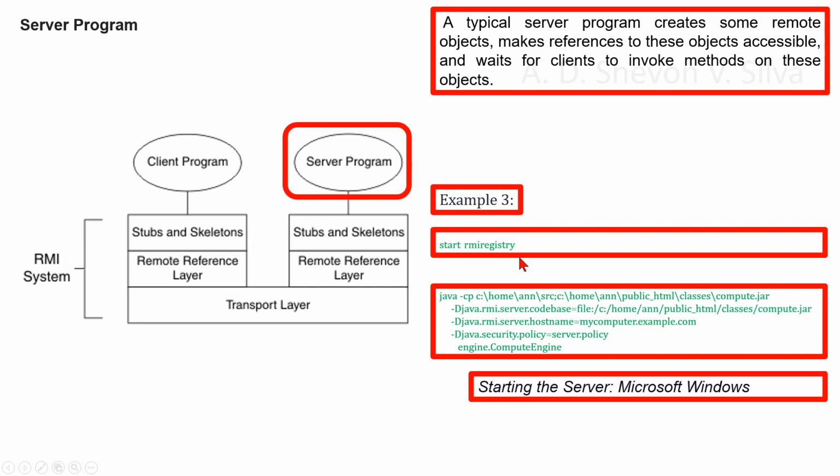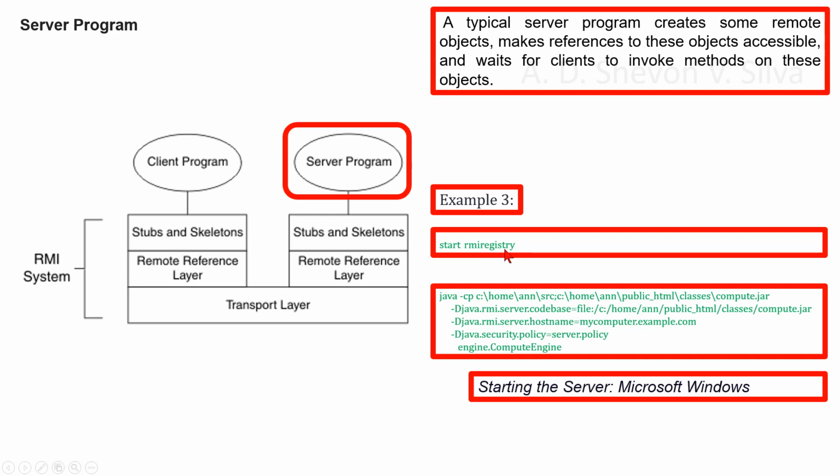The RMI registry is a simple server-side bootstrap naming facility that enables remote clients to obtain a reference to an initial remote object. It can be started with the rmiregistry command.